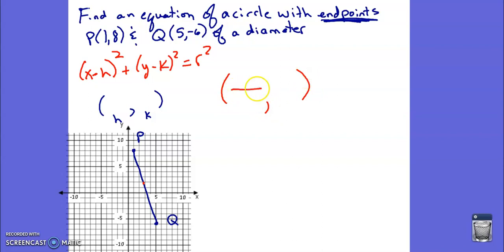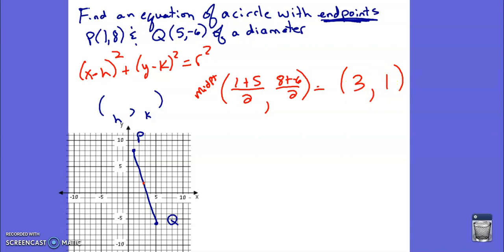So you take your x values and add them together, 1 plus 5 divided by 2, and then take your y values, add them together and divide by 2. This is the midpoint, which in this case will be the center of the circle. So here we're going to have 3 and then 1.